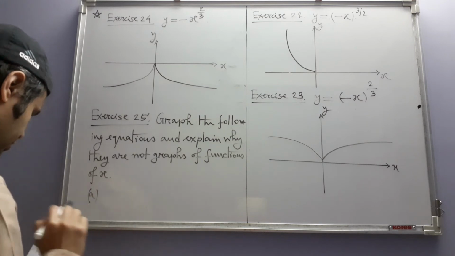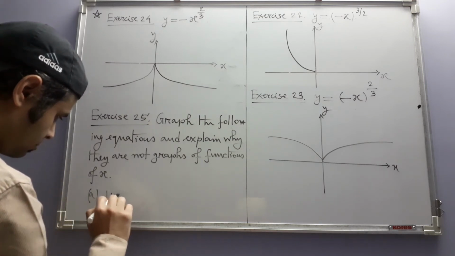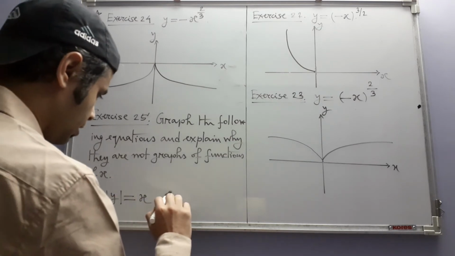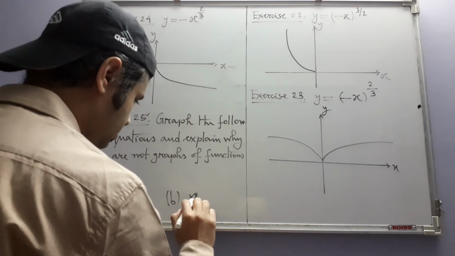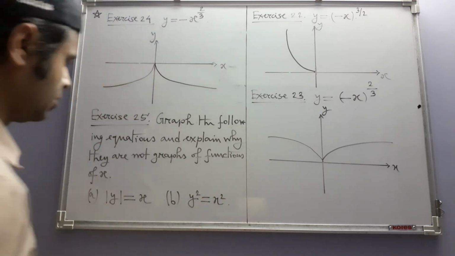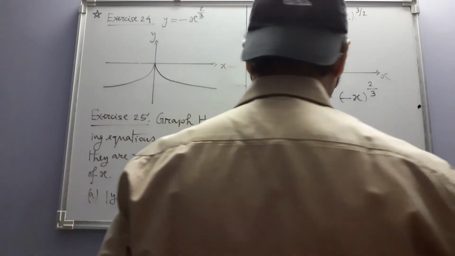There are two equations given. This, and in part B we have y square equal to x square. So let us draw the graphs.